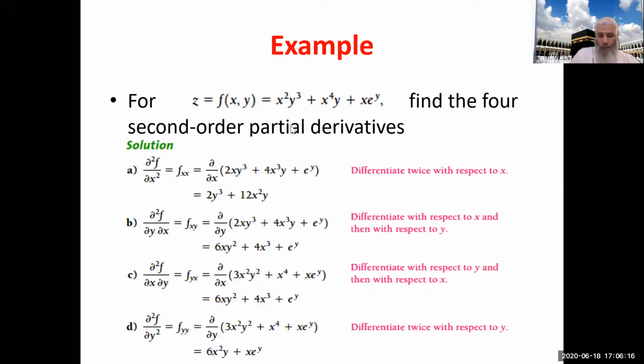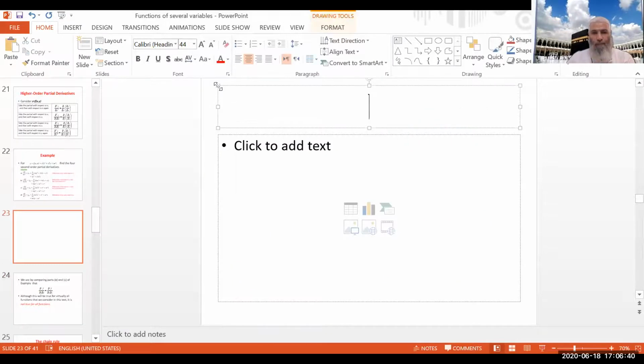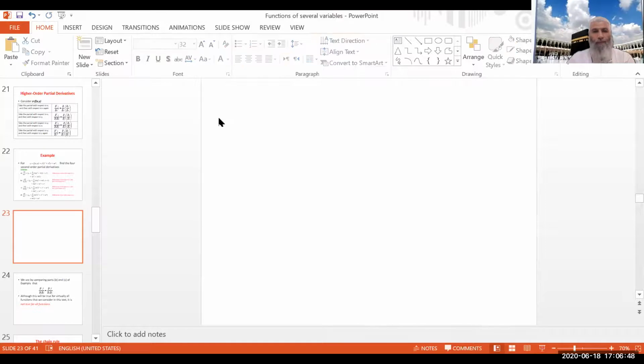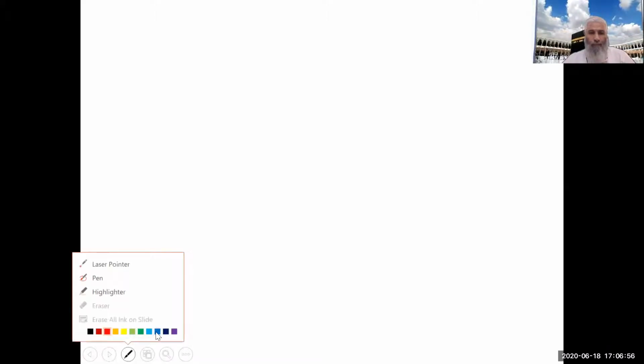z equals f of x, y equals x squared y cubed plus x to the power 4y plus x e to the power y, right?